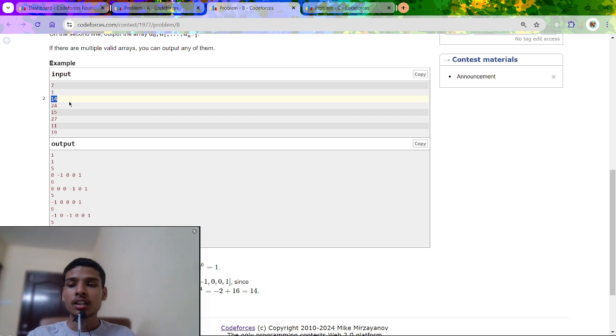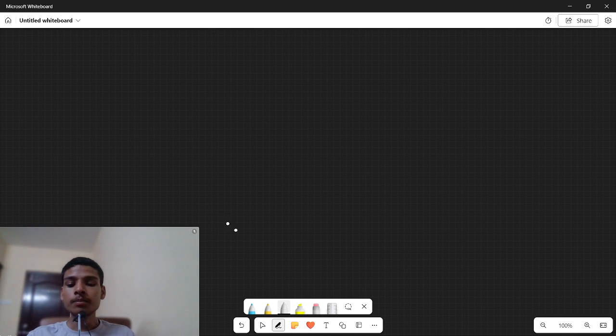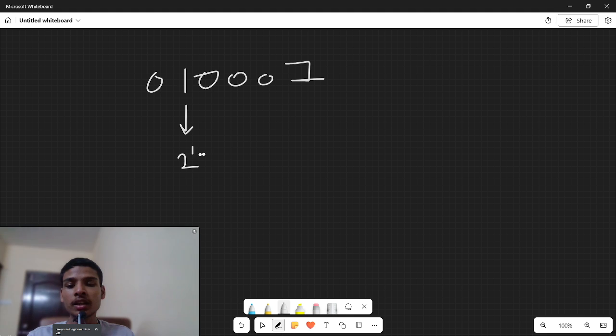But there is a condition that for each position in the string you can print not only 0 and 1 but also minus 1. For example, this is a binary string. If this is a one, then the corresponding added value would be 2 to the power 1, and for this one it would be 1, 2, 3, 4, 5, that is 2 to the power 5.